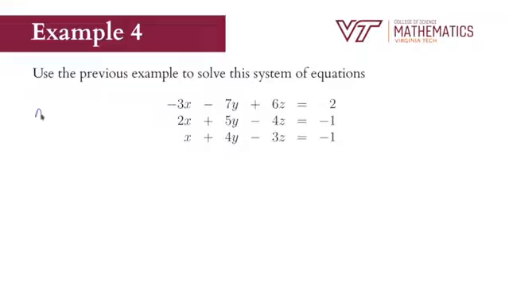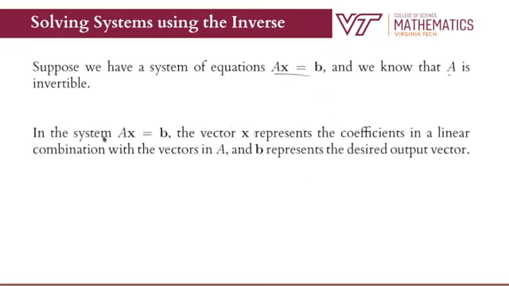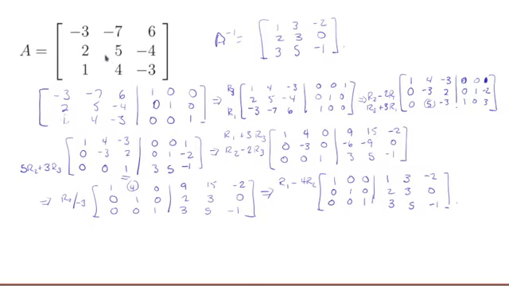This is the system where A is -3, -7, 6, 2, 5, 4, 1, 4, -3. But the instructions say to use the previous example because we've seen this matrix already. I'm going to back up a few slides now. That's this matrix right here, and we already know the inverse is 1, 3, -2, 2, 3, 0, 3, 5, -1.